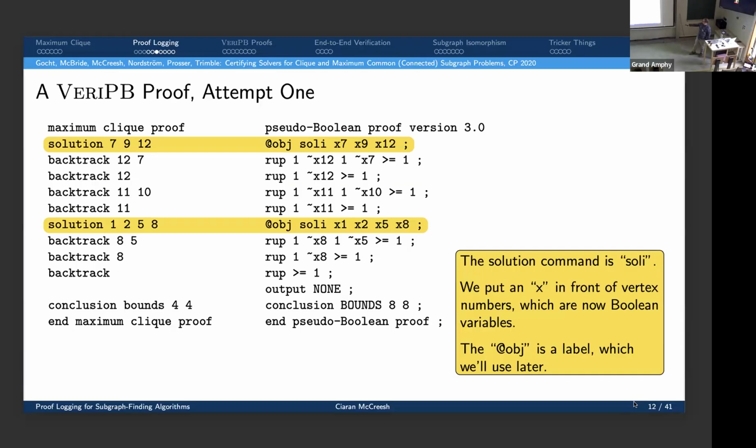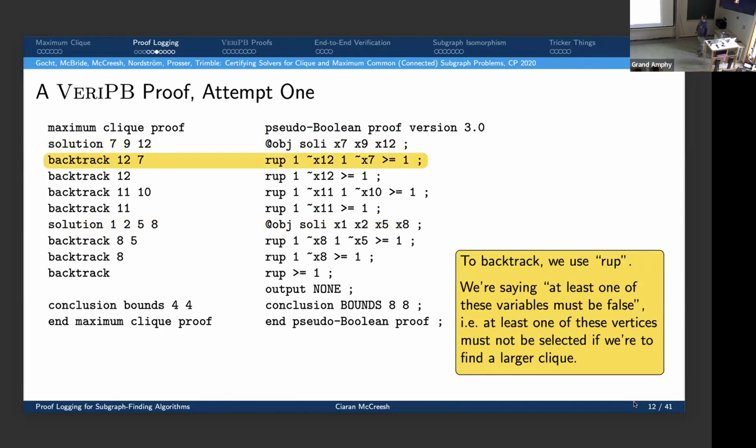Whenever we have a line in a proof, it also gets a constraint ID. I'm going to give this line a name because I'm going to use this later. This is all the at means. Whenever we backtrack, so I'm saying I have accepted 12 and 7, it didn't work in backtracking, so I want to say that at least one of 12 or 7 is false.